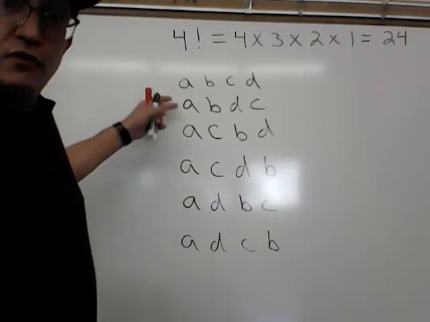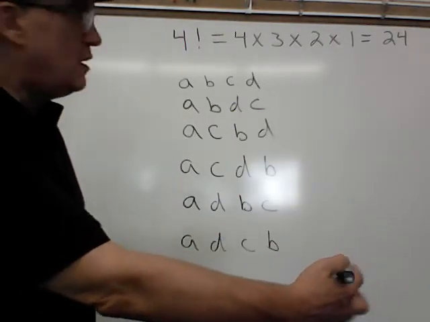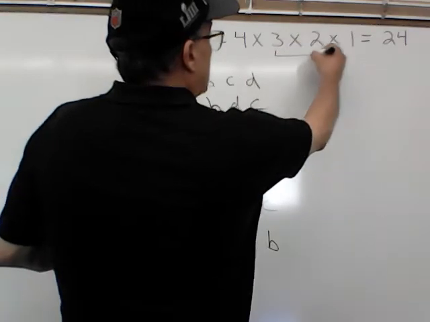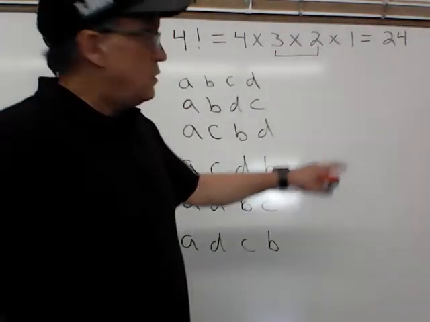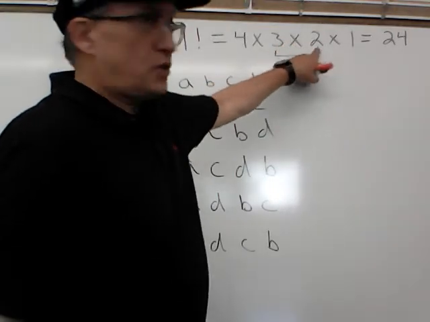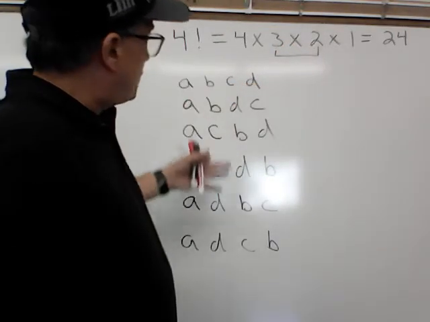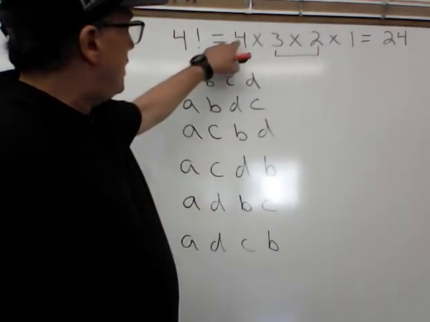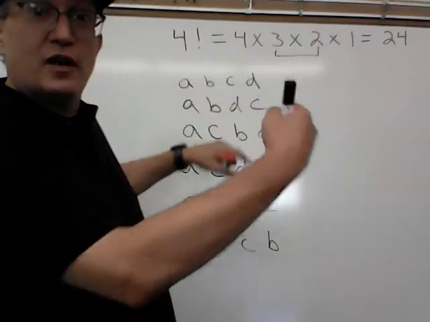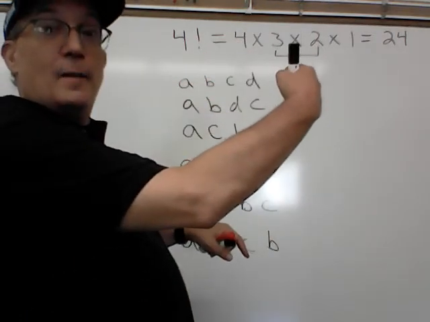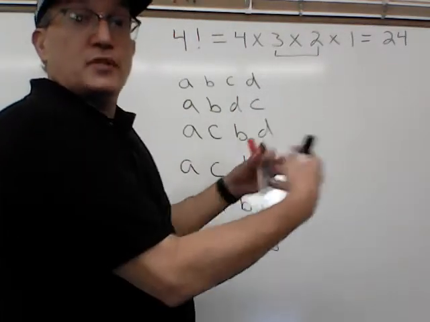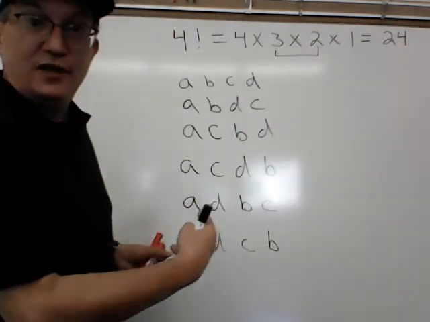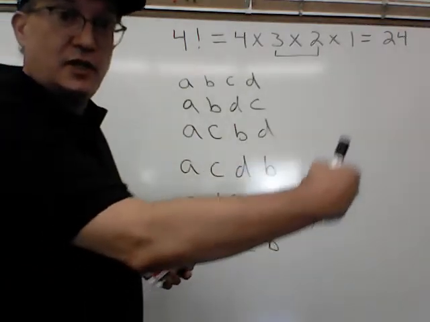So 4 times 6. And if you look up here to the 4 factorial, this 3 times 2 represents the 6 possibilities here, and then multiply by 4 to get the 4 possibilities for the first entry, the A, then the B, then the C.